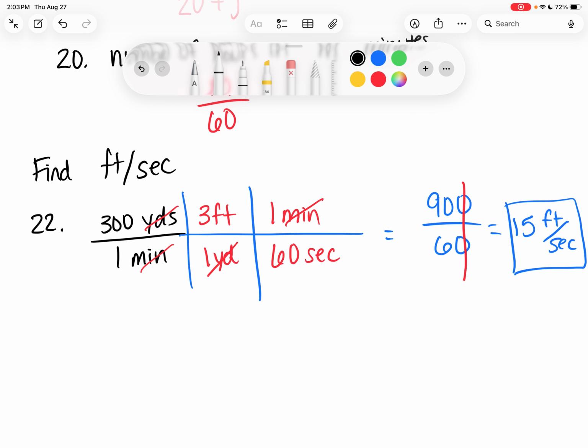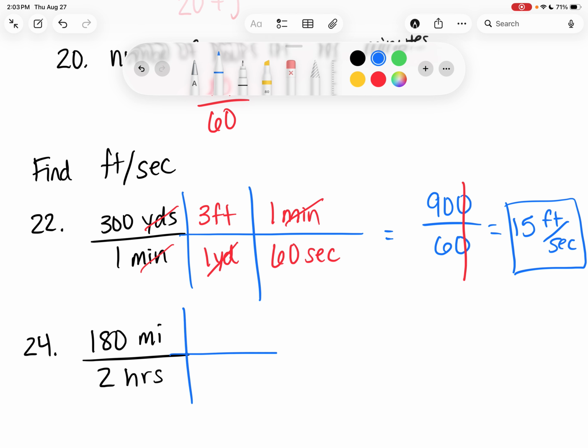24. 180 miles over 2 hours. So I'm still going to feet per second, and I'm currently in miles and hours. Anybody remember how many feet are in a mile? 5,280.